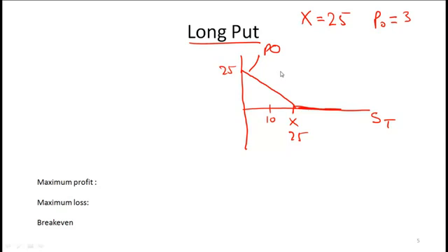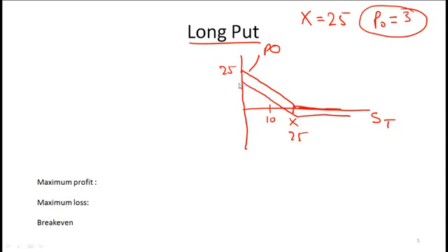What about the profit diagram? Now remember, when you go long on a put, you are paying this $3 premium. So to come up with the profit diagram, you simply subtract 3 from every point on this payoff. So essentially you get this thing that is just shifted down by 3.